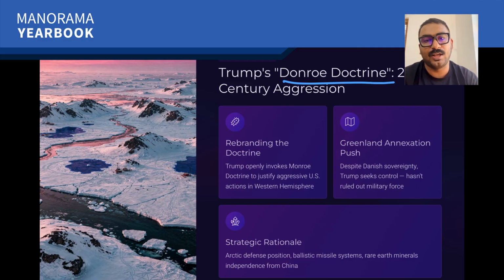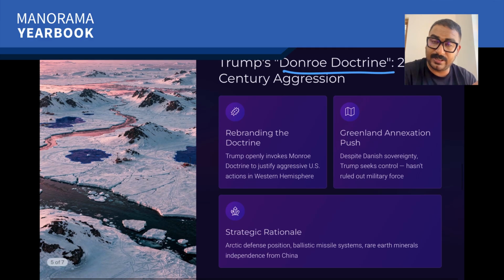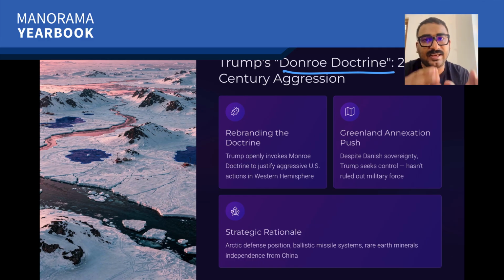This revival becomes even more interesting when we look at Donald Trump's push to annex Greenland. We know that Greenland is a semi-autonomous territory of Denmark, a NATO ally of the United States. Yet Donald Trump has repeatedly expressed his interest in bringing Greenland under US control, and he has not ruled out the use of military force.